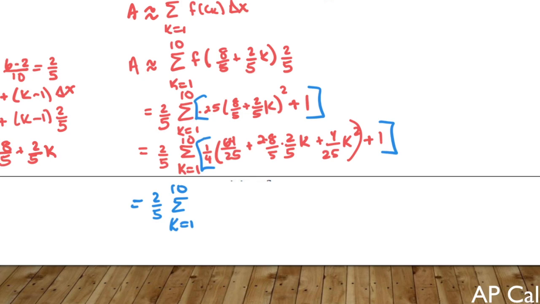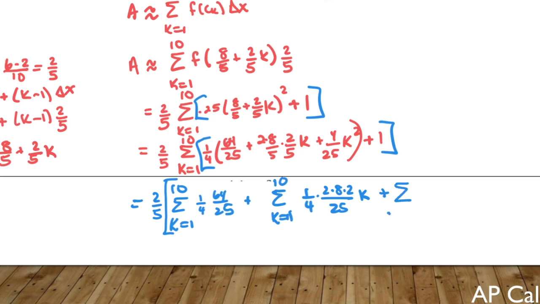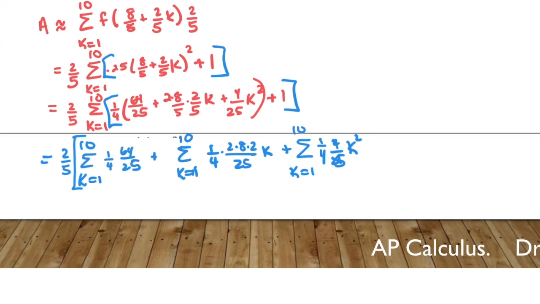So this would be 1/4 times 64 over 25 plus the sum k equals 1 to 10, 1/4 times 2 times 8 times 2 over 25k, we're getting there, plus the sum again, k equals 1 to 10, 1/4 times 4 over 25 k squared, and of course that extra 1 is just plus the sum k equals 1 to 10 of 1.